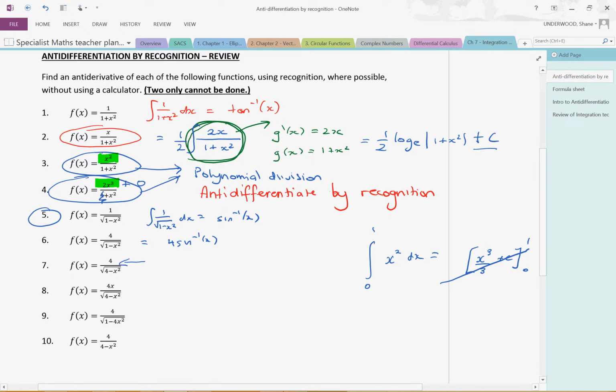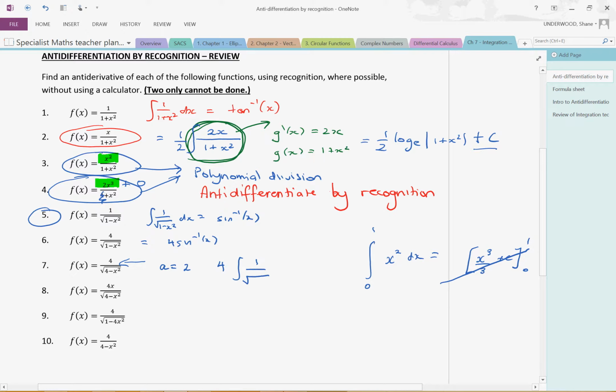What do we do with this one? First of all, recognising from the formula sheet, a is equal to what? A is equal to 1, but I guess in this case, a is equal to 2, yeah? But we've got a 1 on the top, so we have to take our 4 out the front.